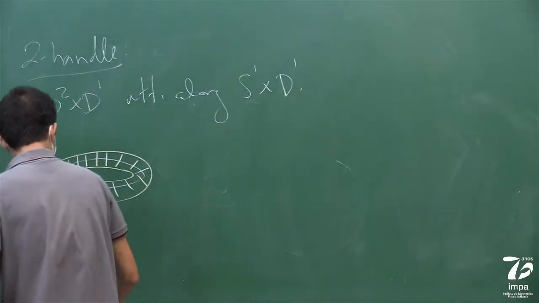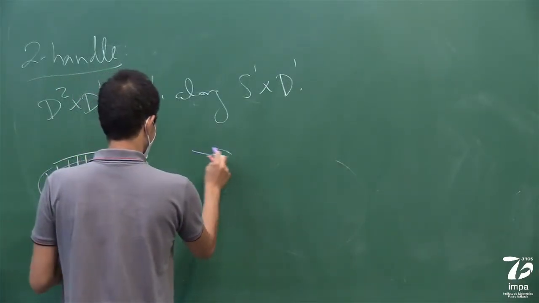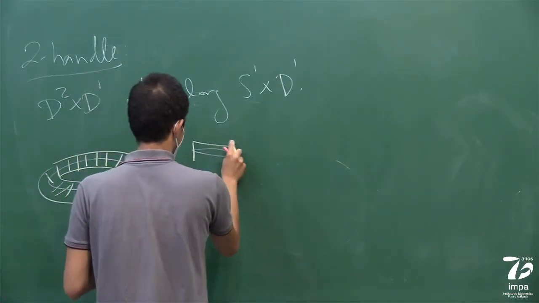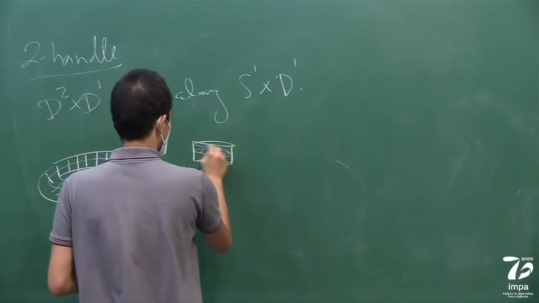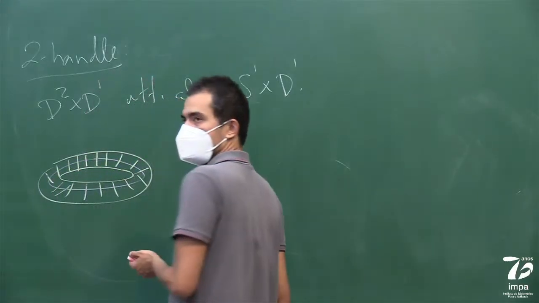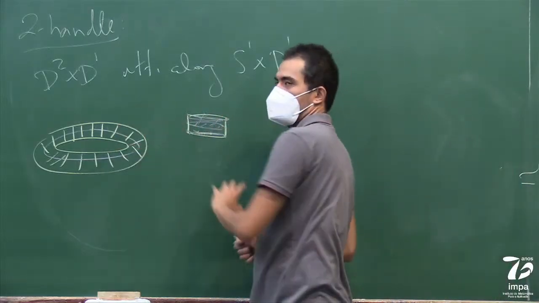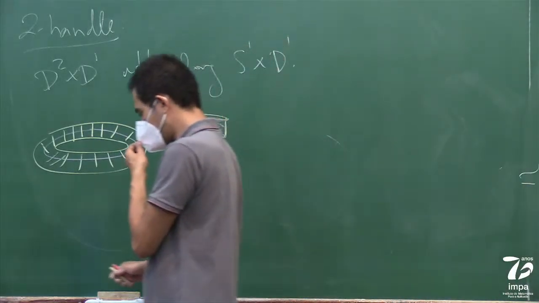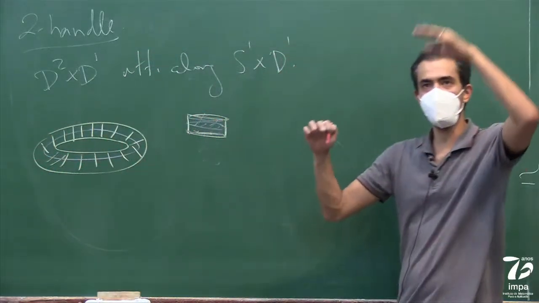Okay, that's what you get. So in other words, you choose a circle, and that circle is going to be contractible after you attach the handle.